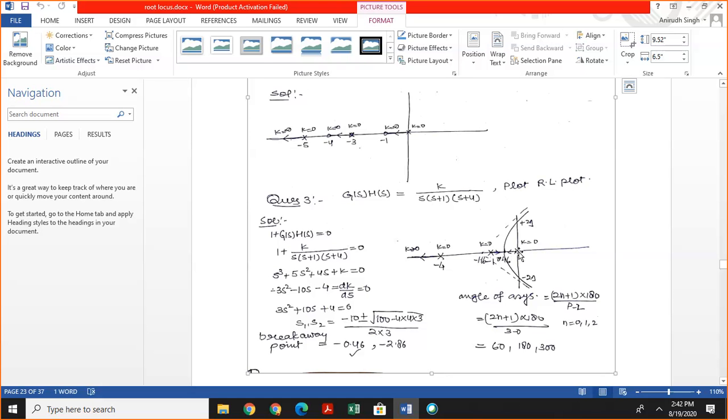These root locus branches start from open loop poles with k equal to 0, and these 2 branches approach each other, and at a certain point, known as the breakaway point, these 2 branches become complex poles and tend to infinity along the asymptotic lines.